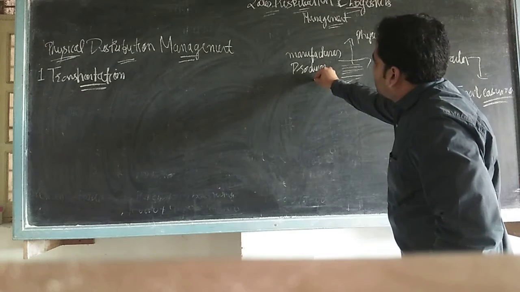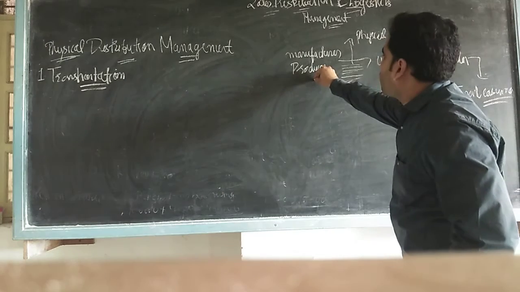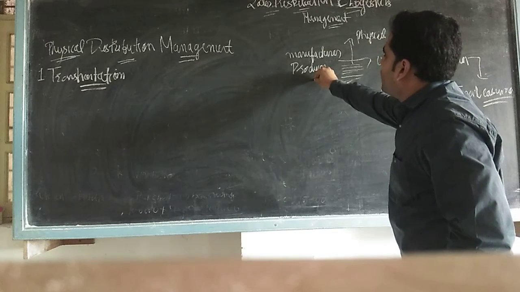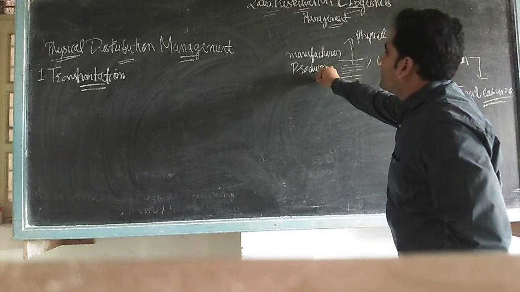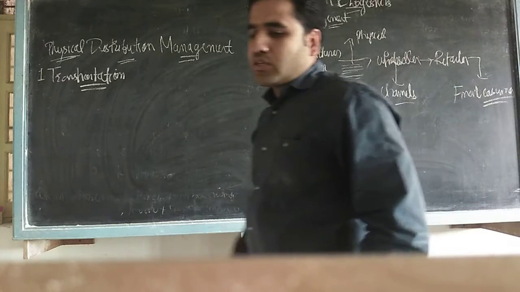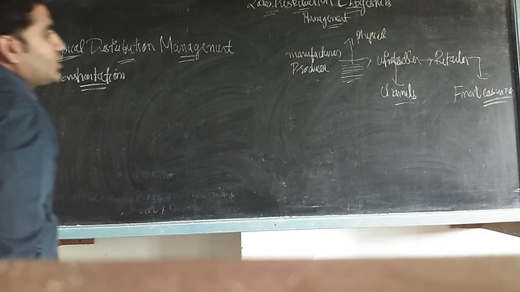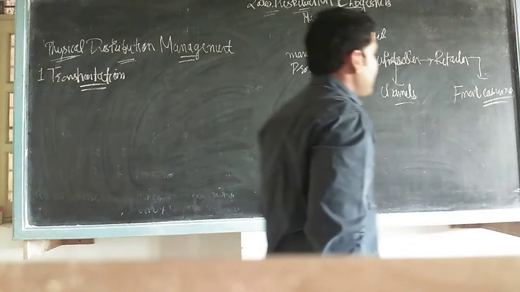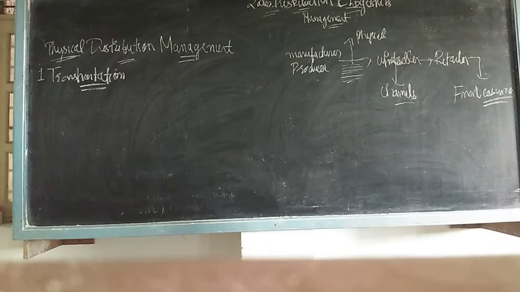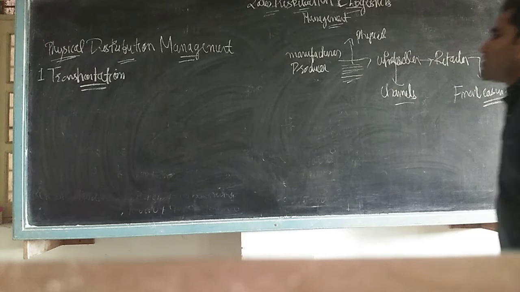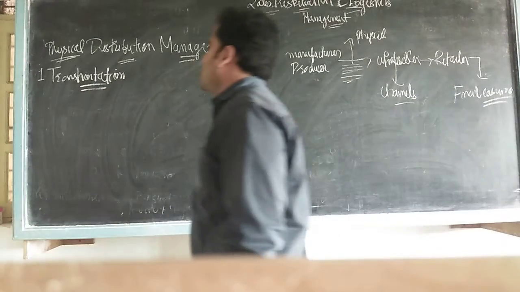How the products from one stage, इसको अपन एक stage मान लेते हैं, is transferred to the another stage and similarly to the final consumer. ठीक है, अंतिम पंक्ति का जो उपभोक्ता है उस तक किस तरह से माल को पहुंचाया जा रहा है.